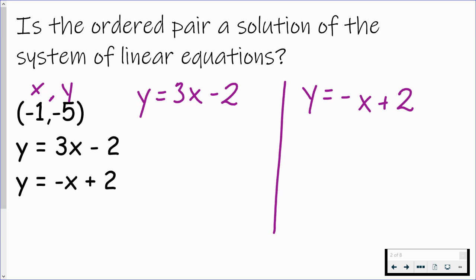Okay, so I'm going to do -5 equals 3 times (-1) minus 2. Okay, so now that I substituted in the x and the y, now I'm going to simplify it.